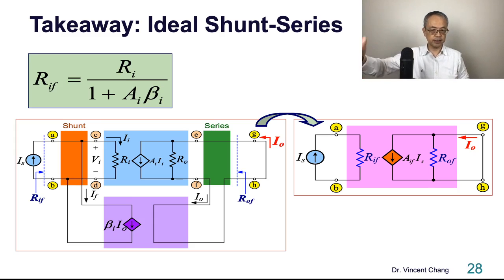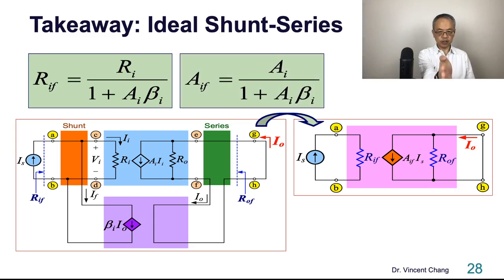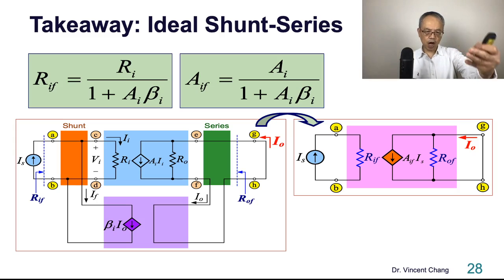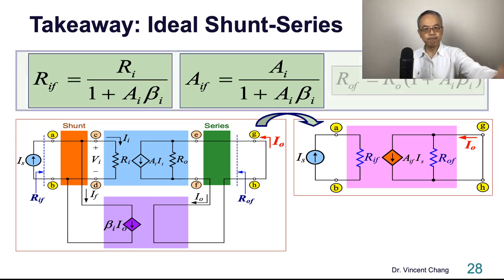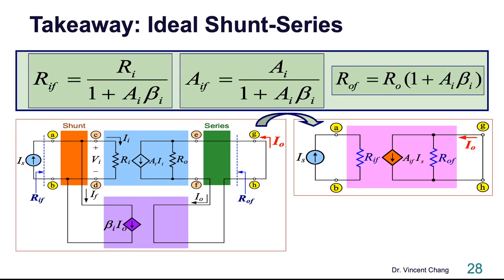It's going to be decreased by, divided by 1 plus A beta. For the closed loop gain, it's unchanged. But for the output resistance, because it's the series sampling, it's going to go up. It's going to increase by times 1 plus A beta.